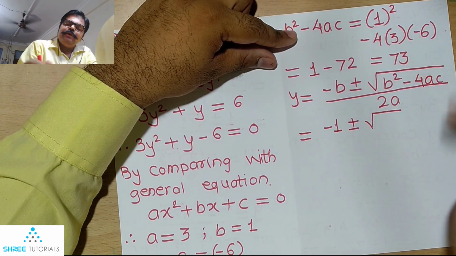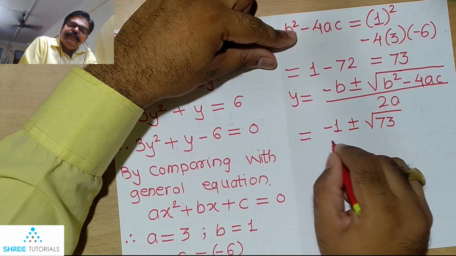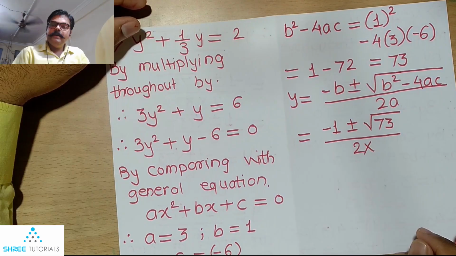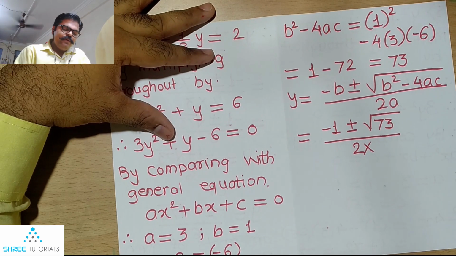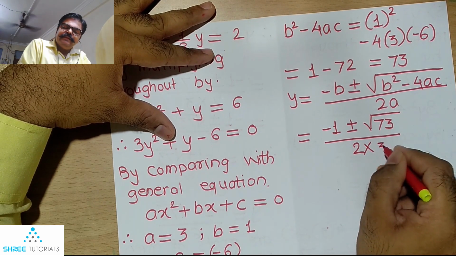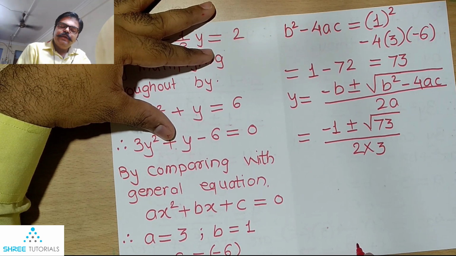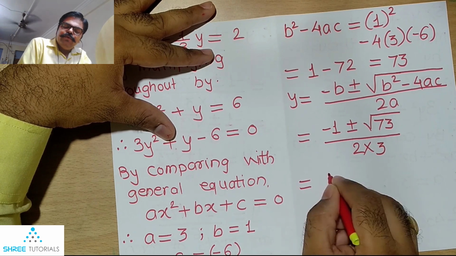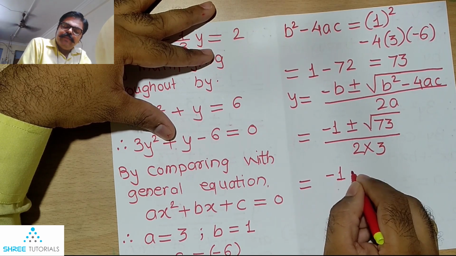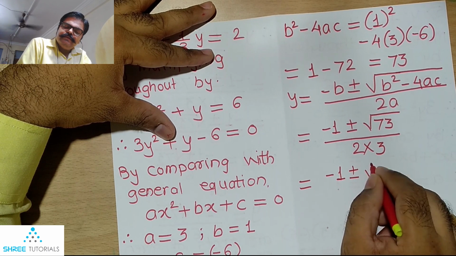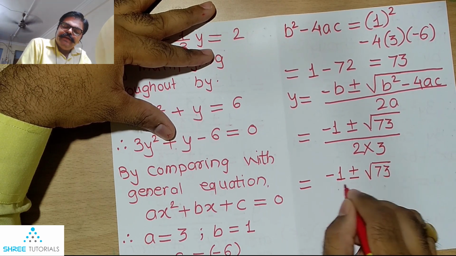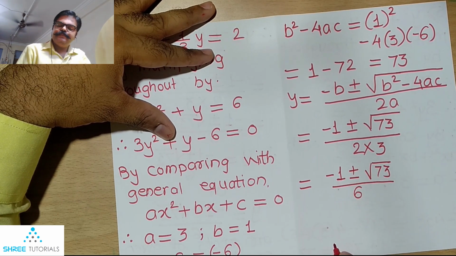In this place we are going to substitute this 73, divided by 2 multiplied by a's value, which was given as 3. That 3 we have substituted over here. Therefore, what is y's value? We can have minus 1 plus minus root 73 divided by 6.